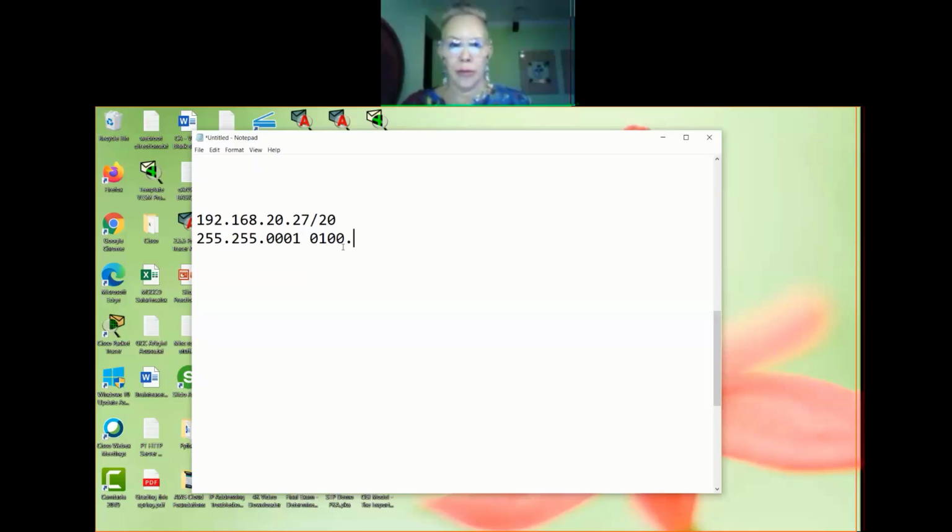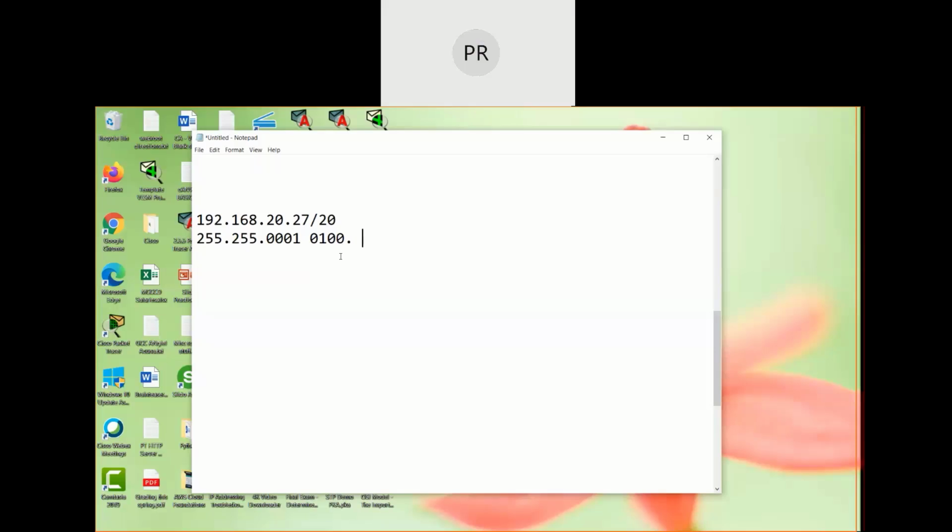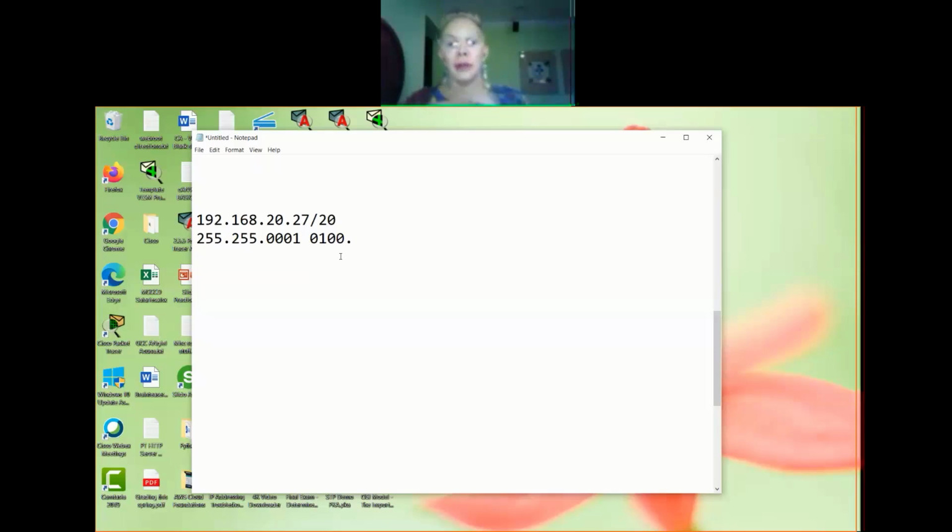Just put them as zeros. Yeah, they just turn them all off, because remember we said that the definition of the network address is when all the host bits are what, everybody? All the host bits are off. So in this scenario, I don't even care about the fourth octet because all I'm going to do is turn them off, right?